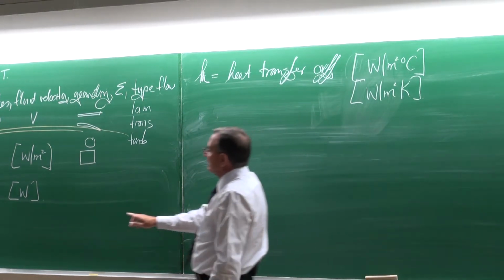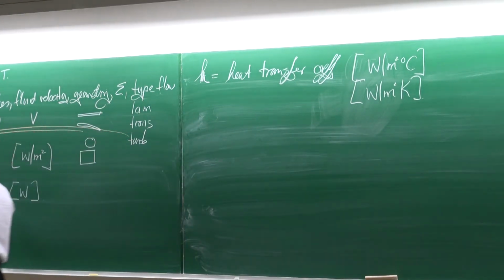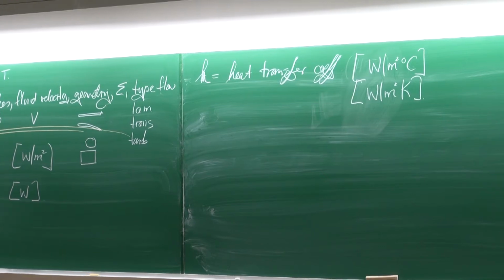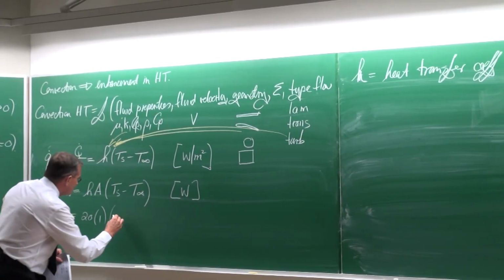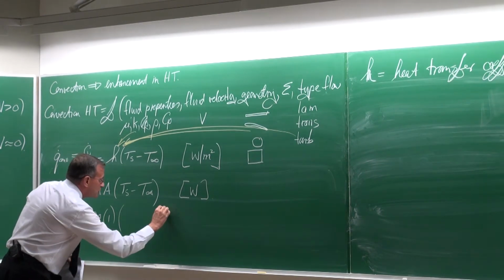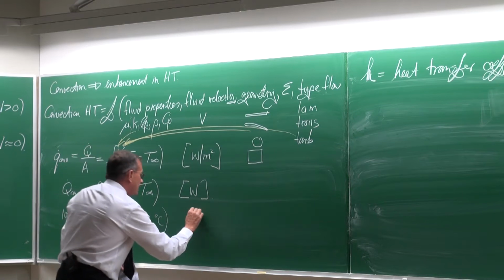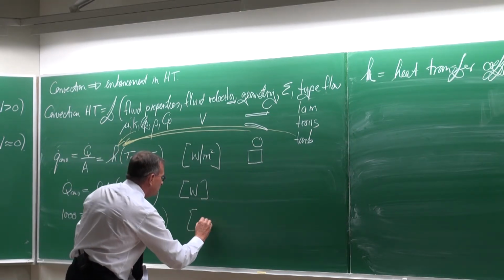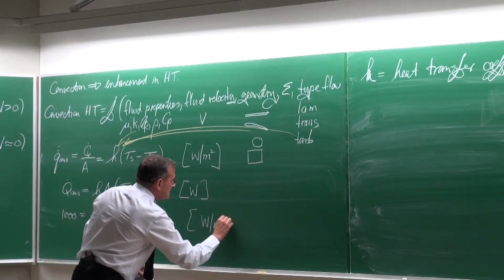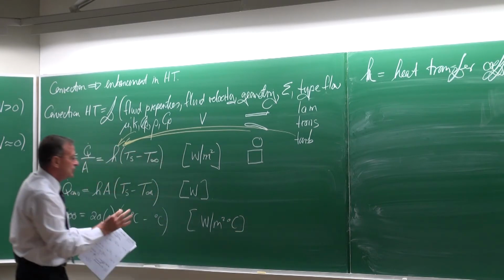Just coming back to what I've mentioned previously, let's suppose the heat transfer rate is 1,000, the heat transfer coefficient is 20, the surface area is 1, and your temperature difference is in terms of degrees Celsius. Okay, then you can write the heat transfer coefficient as watts per square meter degrees Celsius, the value that you're going to solve.